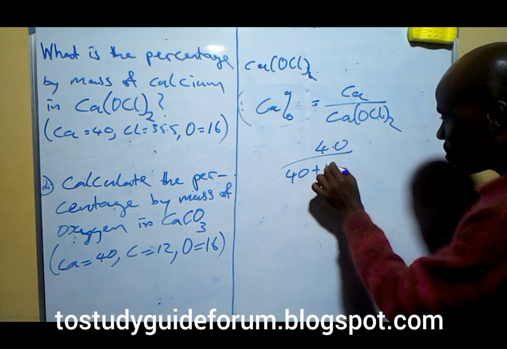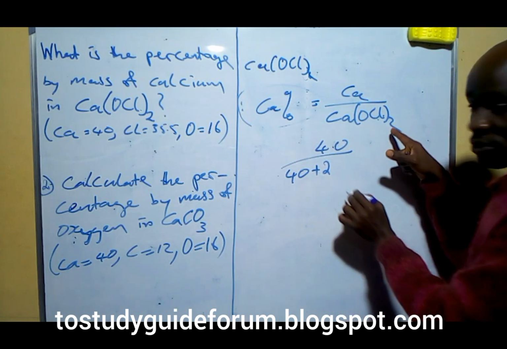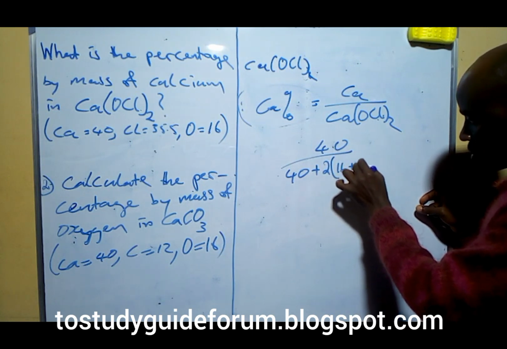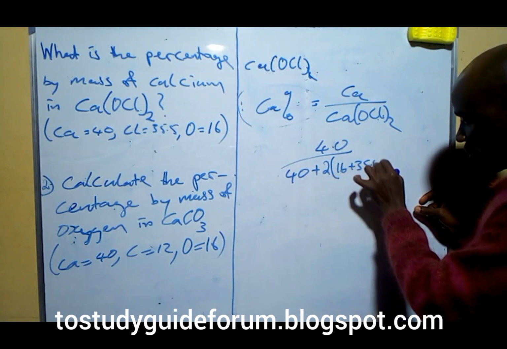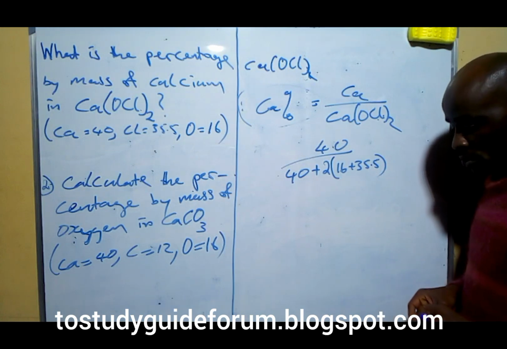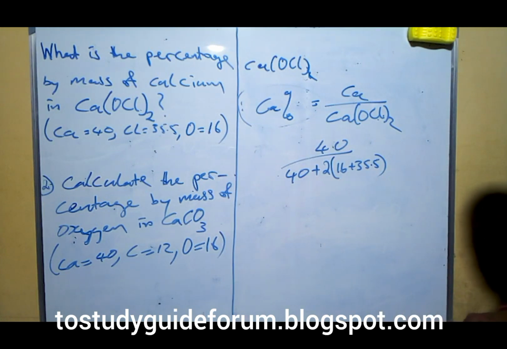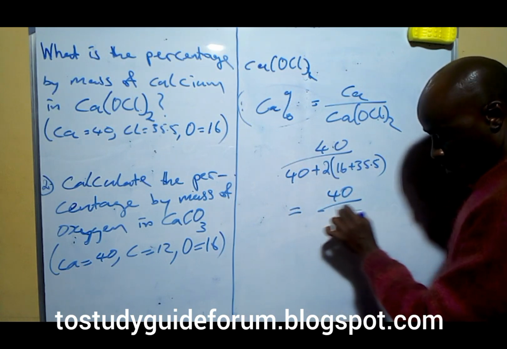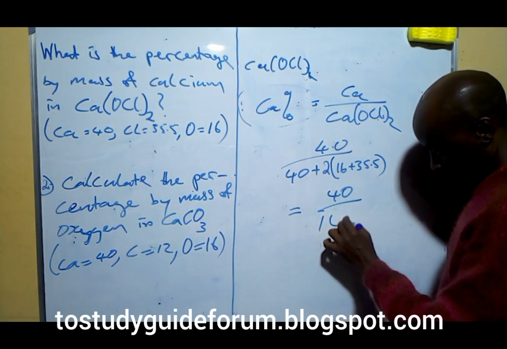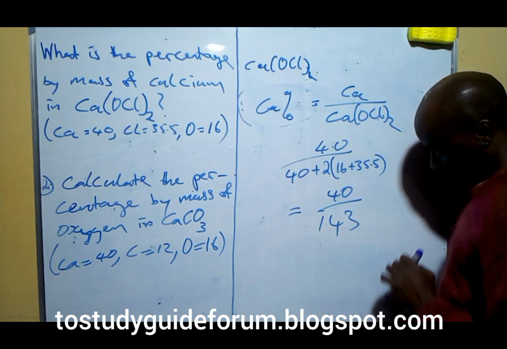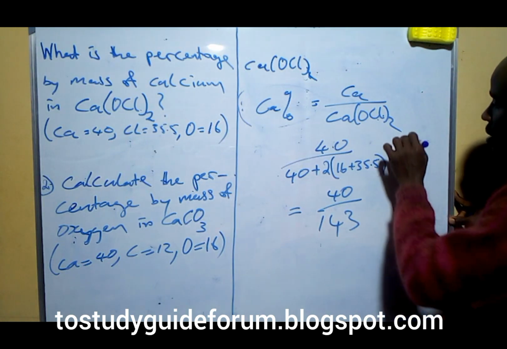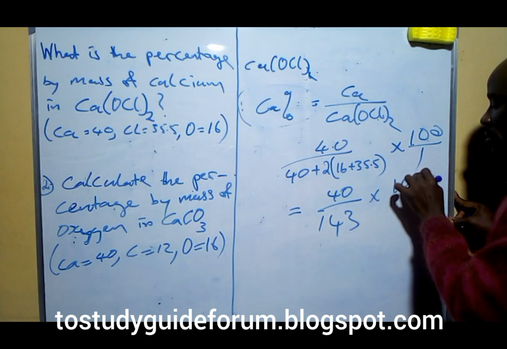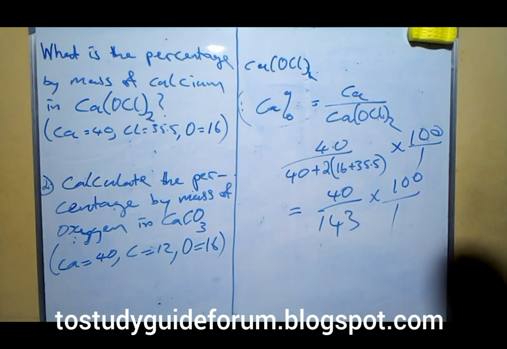We can put them in brackets because we have 2 outside, so 16 plus 35. When we sum it up, it will look like this: 40 over 143, times 100 over 1.